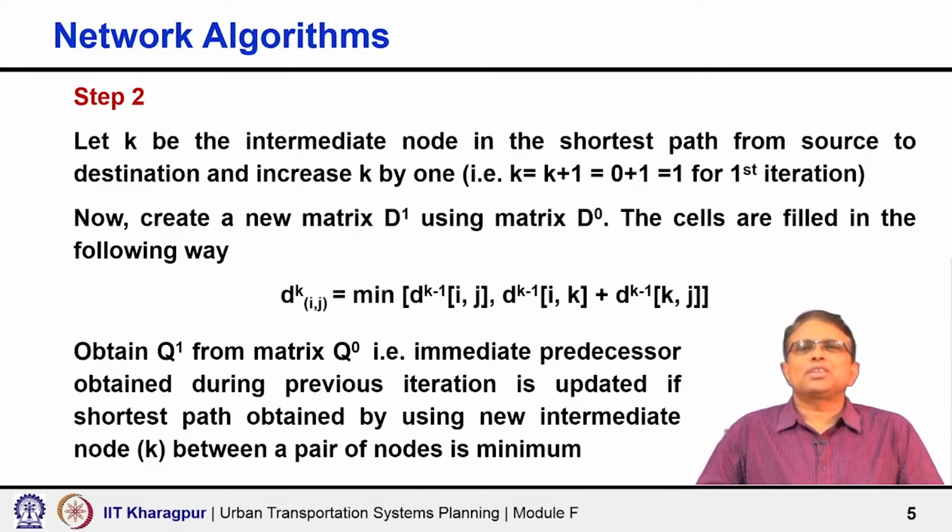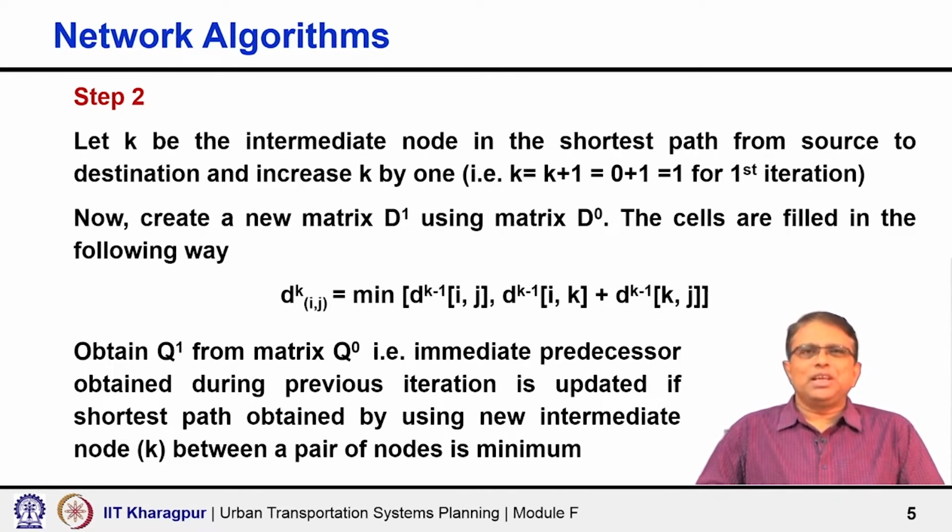So k will be taken as k plus 1. When I go for the first iteration, the value of k will be 0 plus 1, that is 1. When I go to the second iteration, k was already 1, so now it will be 1 plus 1, that is 2, like that.